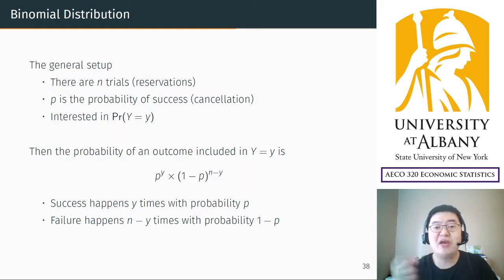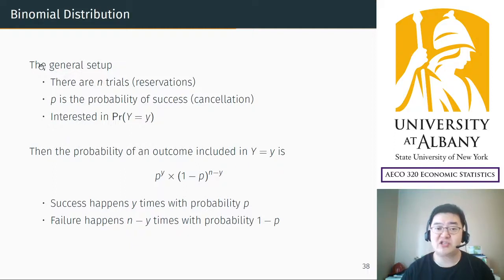So what we count is success. And we are calculating the probability that the number of successes equals a certain number. We chose 1 here, but it could be 2 or whatever. It could be 0. It can be any number.